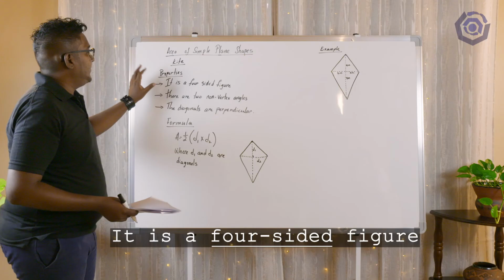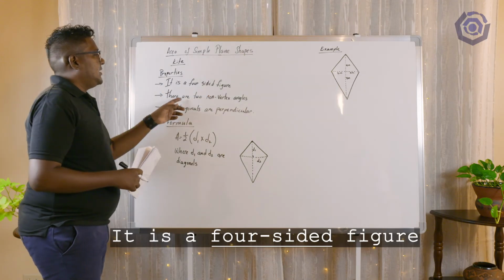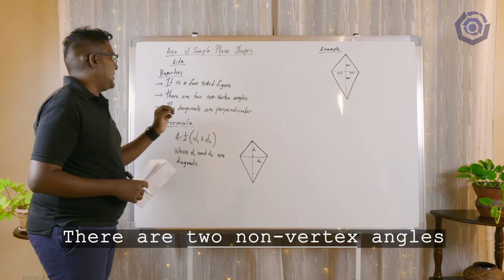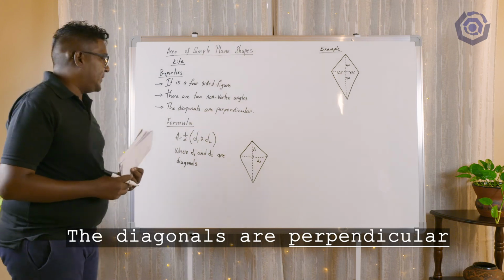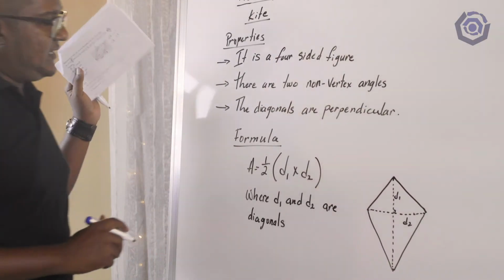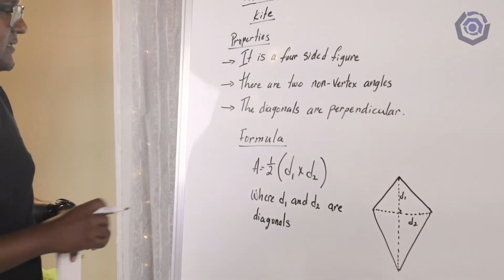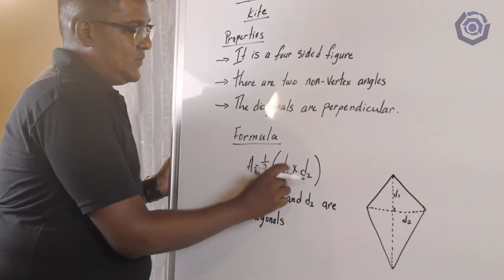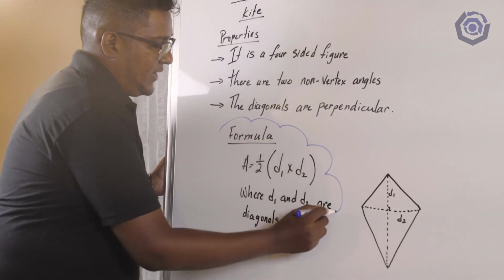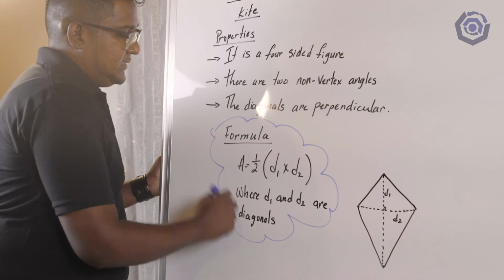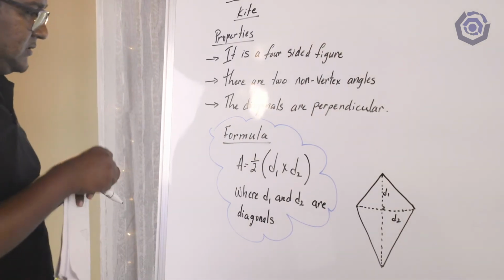The seventh shape and the last shape we'll be looking at is the kite, and some basic properties of the kite. It is a four-sided figure. There are two non-vertex angles and the diagonals are perpendicular. The formula to find the area of a kite is A is equal to half of D1 times D2, where D1 and D2 are our diagonals.